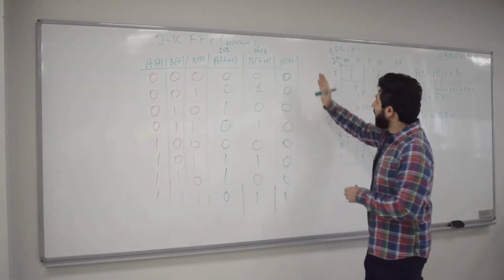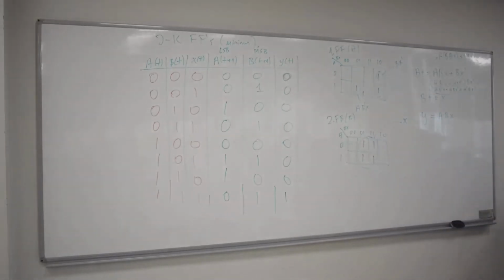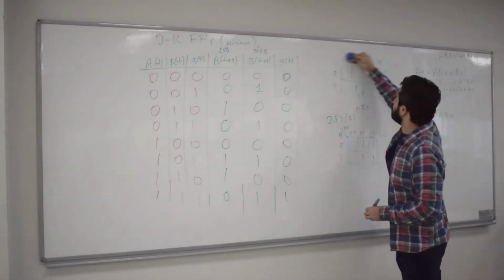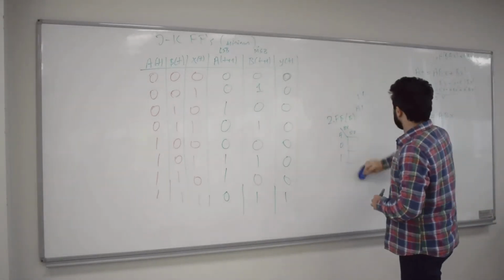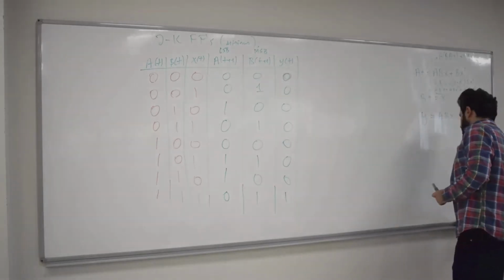So therefore, you have to add extra columns here, okay? For the J and K inputs of the two flip-flops. That means you need 4 different columns here, okay? Unfortunately, I didn't use this space very well. So I'm going to just erase them because these are just extra stuff that we used to calculate our Boolean expressions. Okay?